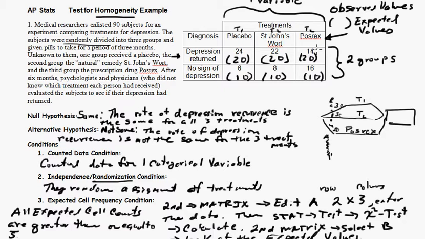You can see the 14 is lower, and then we want no signs of depression to be higher, and we can see over here 16 is much higher than 10.